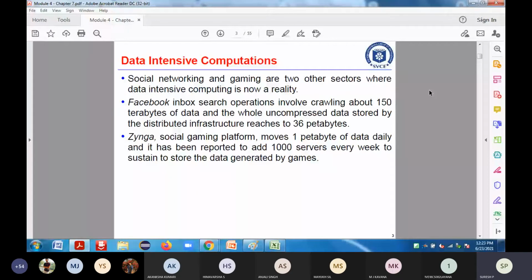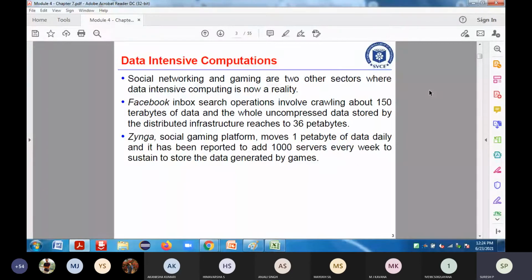For that particular reason, the different uncompressed data stored all across the globe in the distributed infrastructure will reach 36 petabytes.